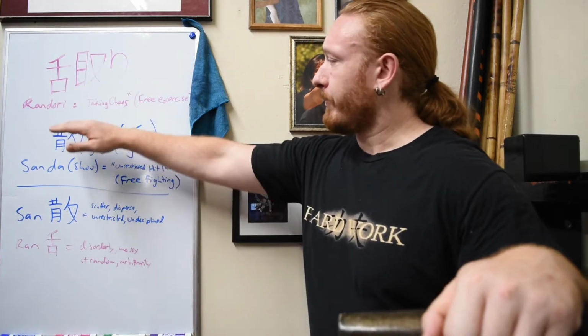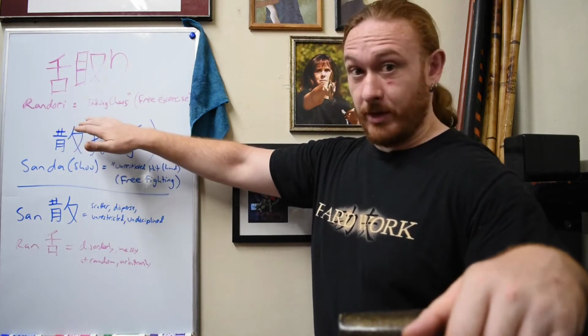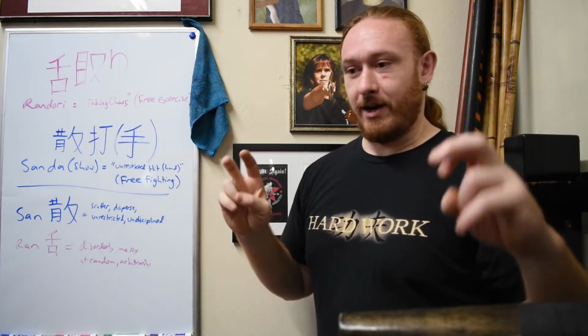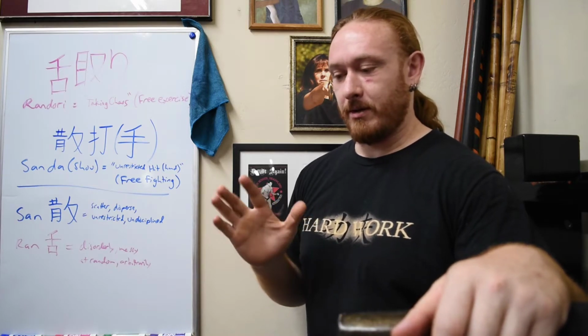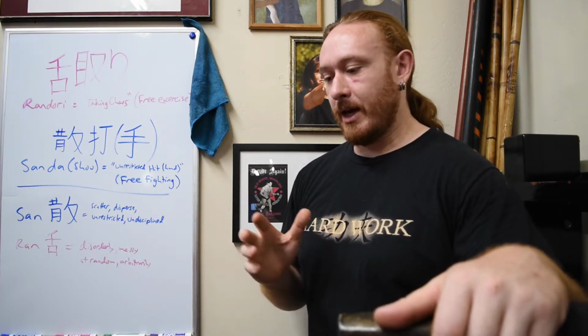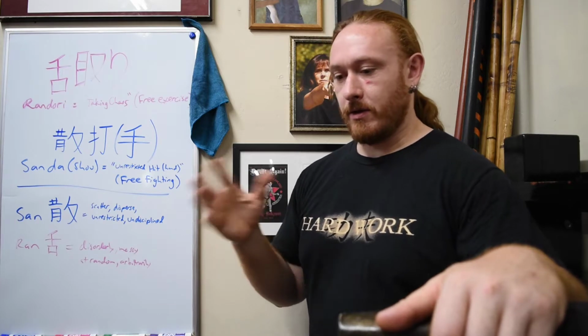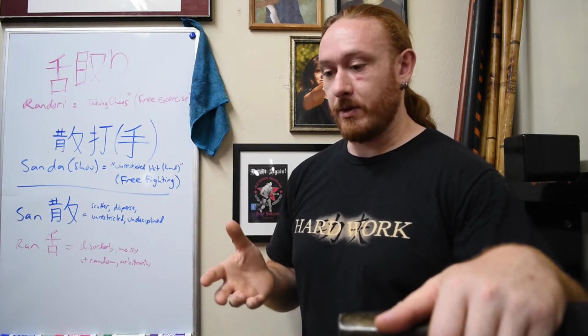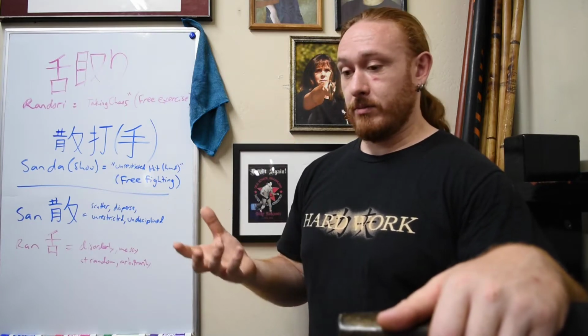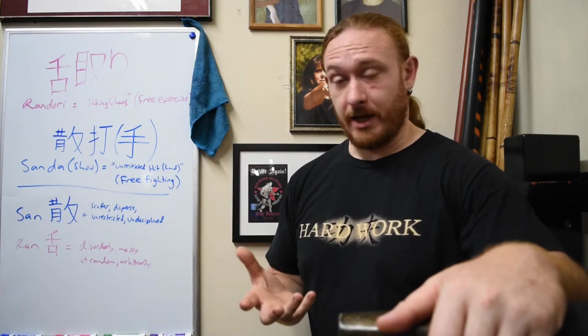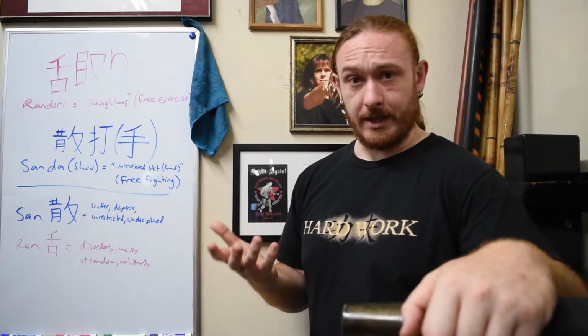But Randori, famously, literally translates to like taking chaos, which is maybe not the best or most nuanced meaning. And when Jigoro Kano instituted the idea of Randori competition, he literally translated it as free exercise, which is of course the intended meaning.